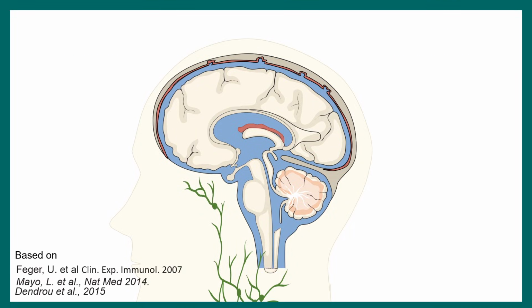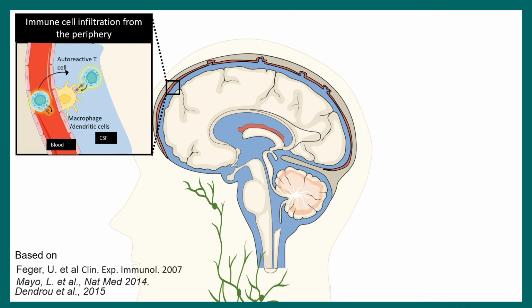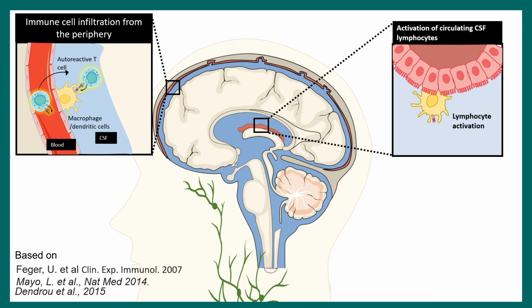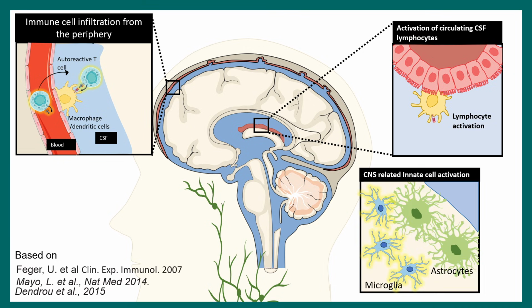Now let's talk about the overall summary of the immunological context in multiple sclerosis. Immune cells generally infiltrate from the periphery to the brain. Especially there is activation of circulating CSF lymphocytes, which are very predominant in case of multiple sclerosis. Also the CNS is infiltrated by microglia and astrocytes.